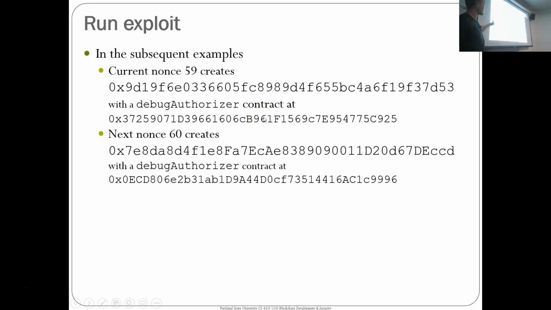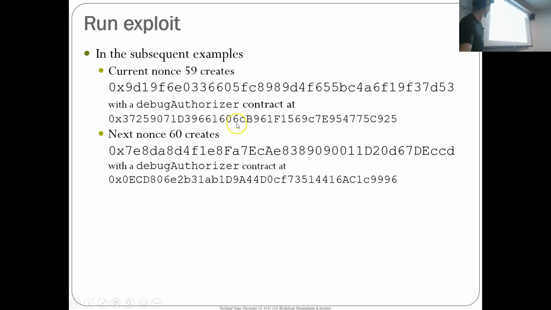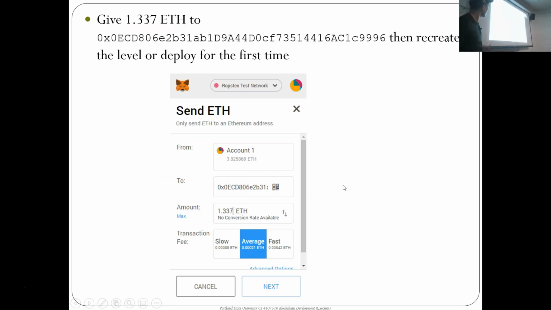And then the next nonce 60 has those two as addresses. Once you get this as being the next debug authorizer that gets created, you just send that 1.337 ETH and then play the game. So you either reset the challenge contract, or if you haven't deployed yet, you click play game and then deploy it. And then you win.